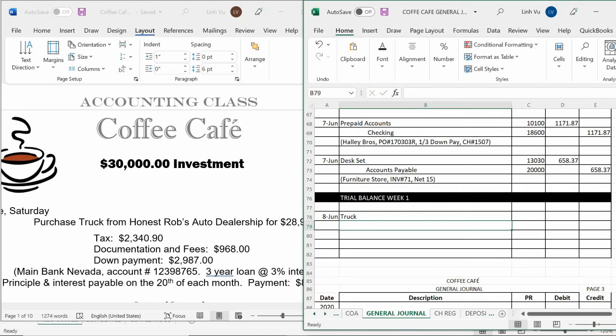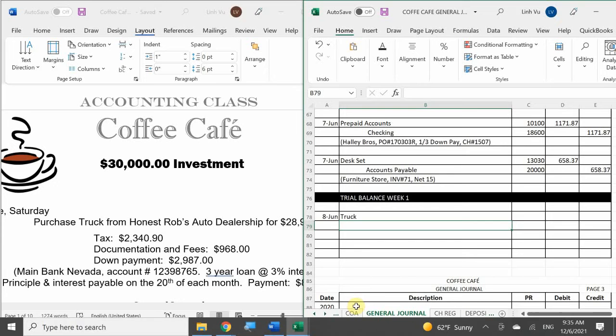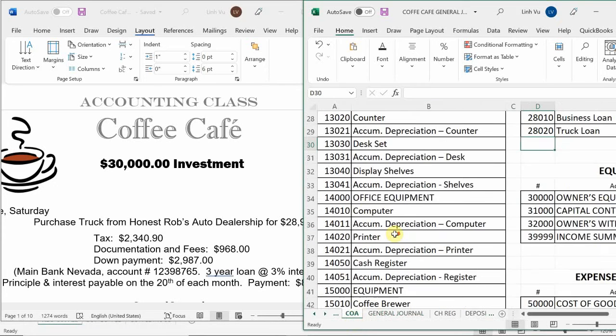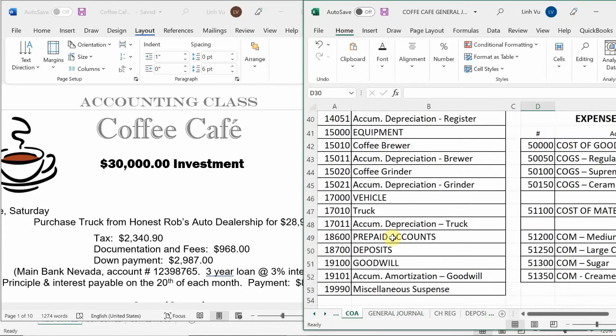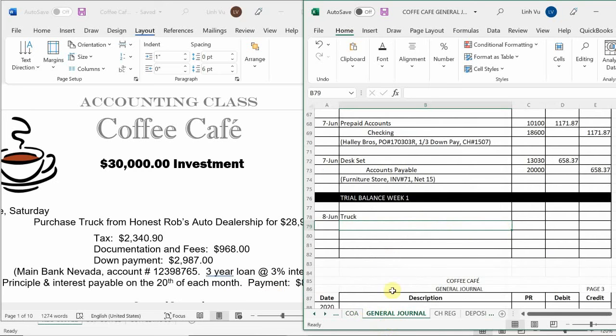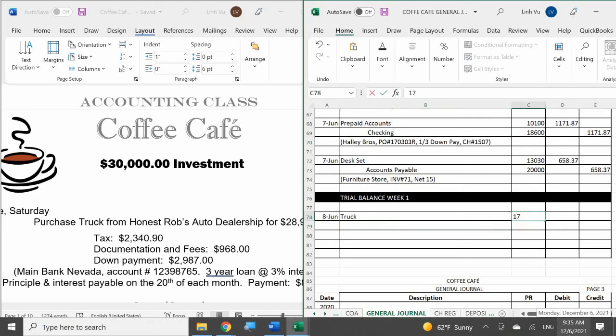Okay. Let's check out our chart of accounts. Do we have a truck? Yes, we do. 1710 is our truck. Okay, what else do I have to put in here as well?